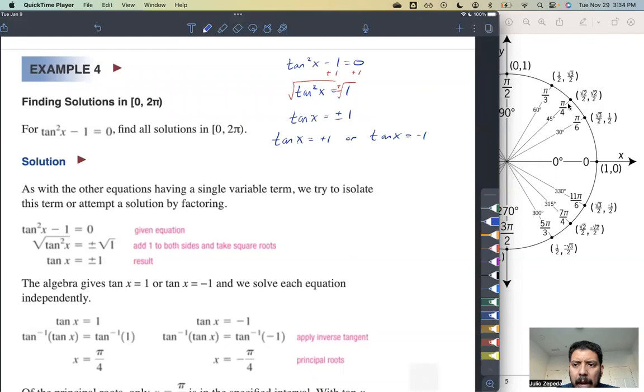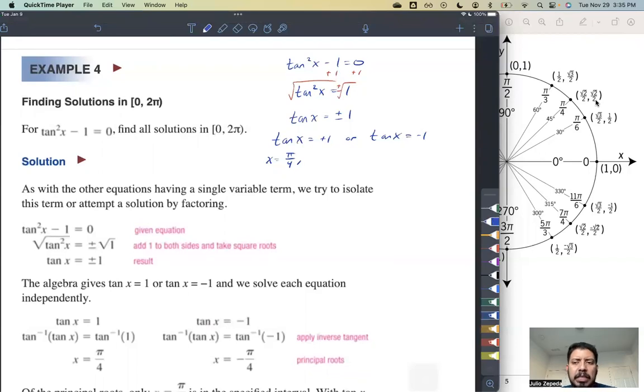So the tangent of pi over 4 is square root 2 over 2 divided by square root 2 over 2. The tangent of pi over 4 is equal to 1. And so one of the solutions, x is equal to pi over 4, is one of the solutions to this equation.